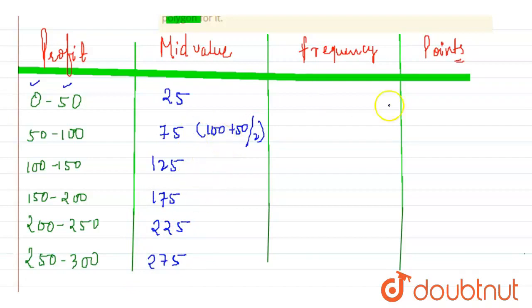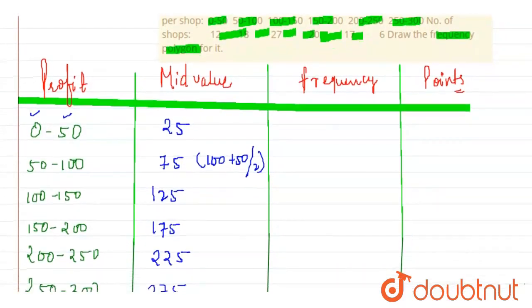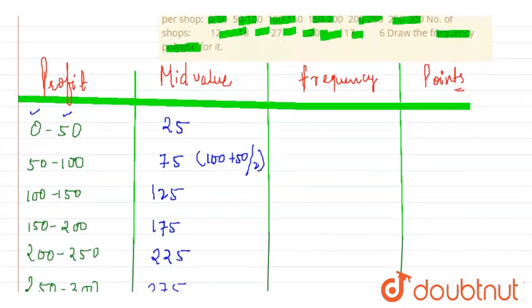Now we have frequency. The frequency is given in the question, in the data. I will write down the frequency, right? The frequency for 0 to 50 is 12.